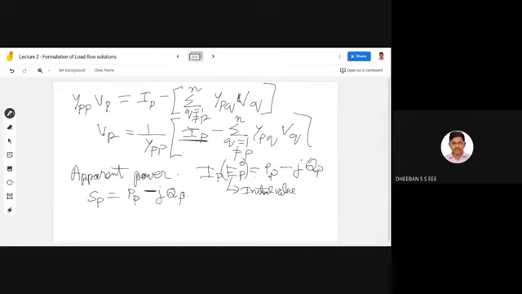So it is your real power followed by your reactive power. Okay, so now from this equation it is very easy to find your Ip. So your Ip will be equal to Pp minus jQp divided by Ep naught. So substitute this over here.